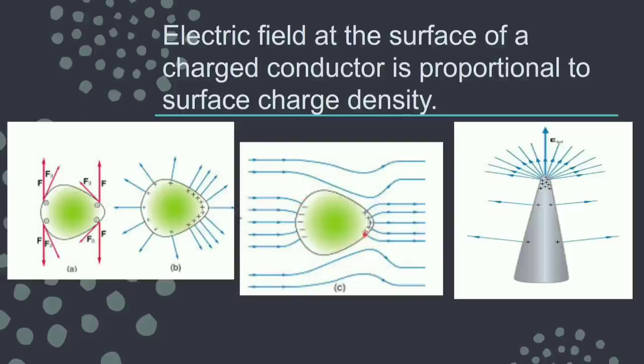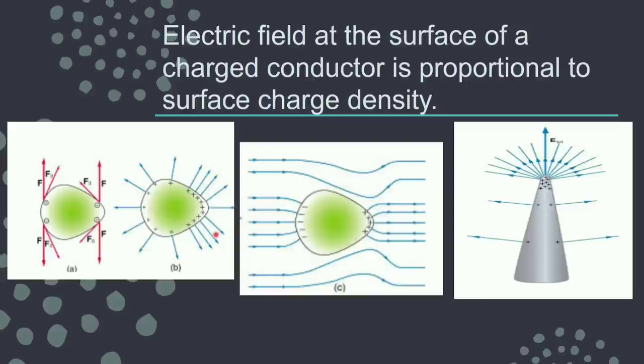If I make this shape uniform, I take a cubical structure or a sphere, then the field will become uniform. But you have to take care that the field is always perpendicular to the surface. But the value is going to get changed, because the more field lines, the stronger the field is. Electric field is proportional to the density.